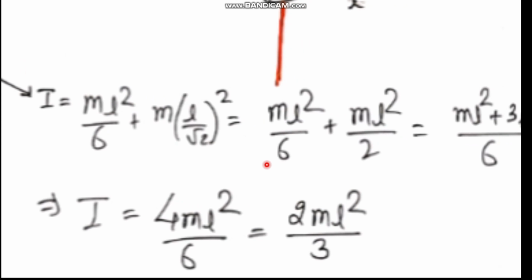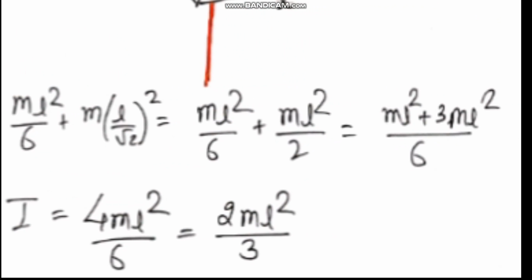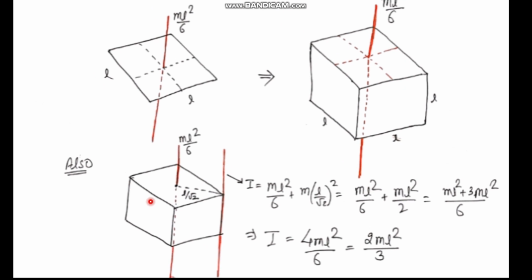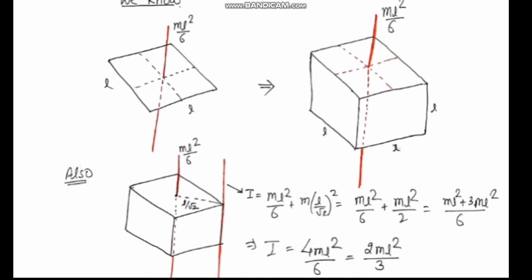L by root 2 whole square becomes L square by 2, so it is ml square by 6 plus ml square by 2. We take the LCM, we get ml square plus 3 ml square, that is 4 by 6 ml square or 2 by 3 ml square. So the moment of inertia of a cube about this axis is ml square by 6, and about this it is 2 ml square by 3. So that is about a cube.